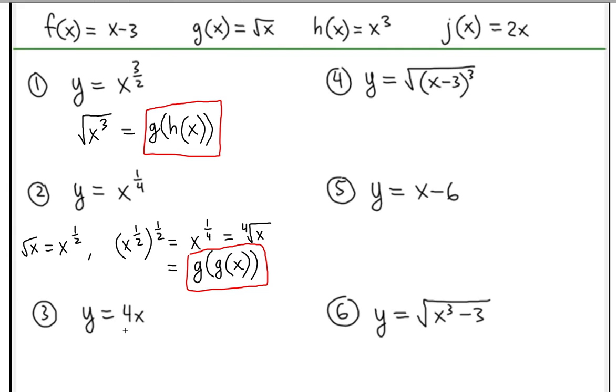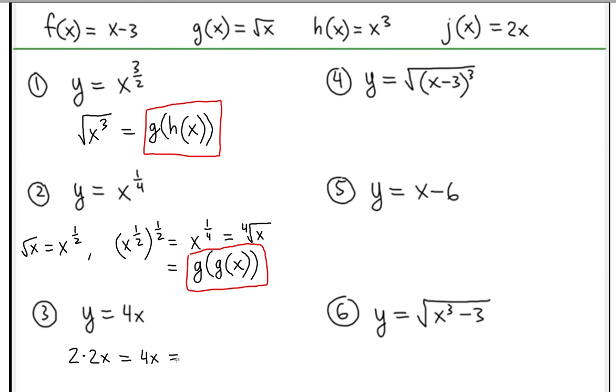Now the next example, we have 4 times x, okay? 4 times x. Now notice that definitely it has something to do with this last function, j of x, because it's already giving you 2 times x. So notice that if you multiply 2 by 2 times x, you will get 4x.